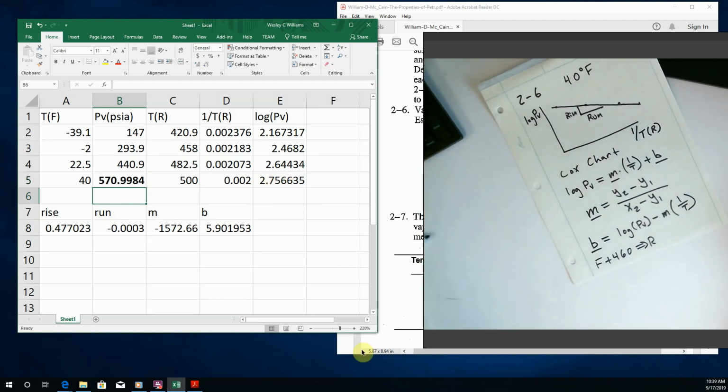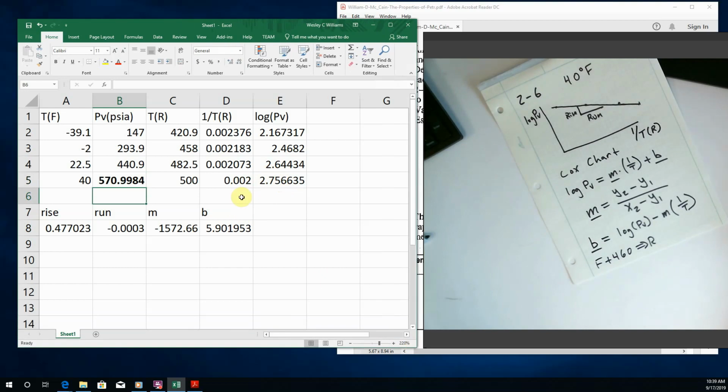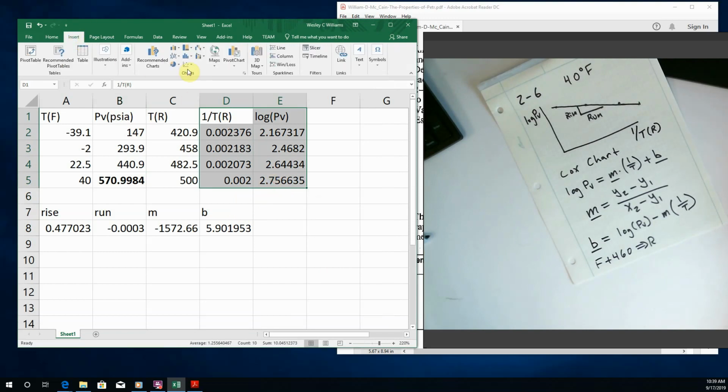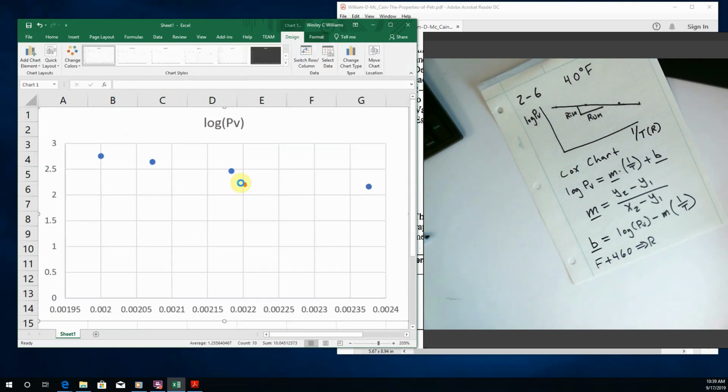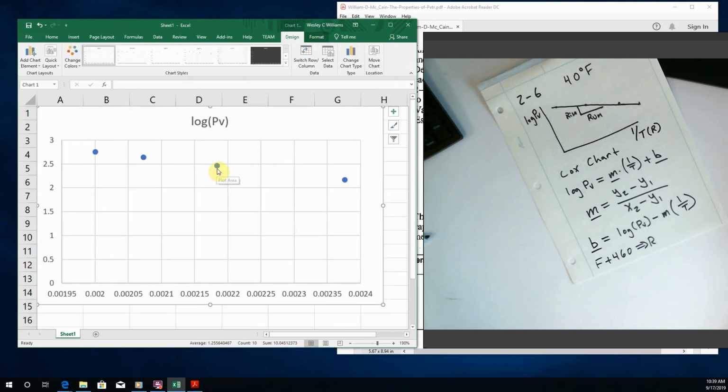Now the other thing you can do, drag this out a little bit, is we can actually plot these values. Let's insert a scatter plot. There we go. Let me zoom out a little bit so you can see it. So here's the values. This is the one we just predicted, actually.